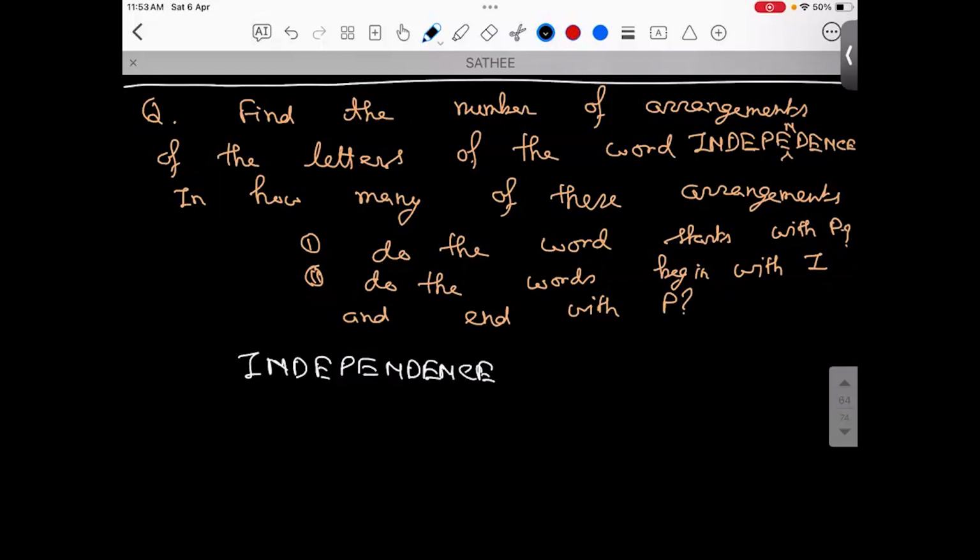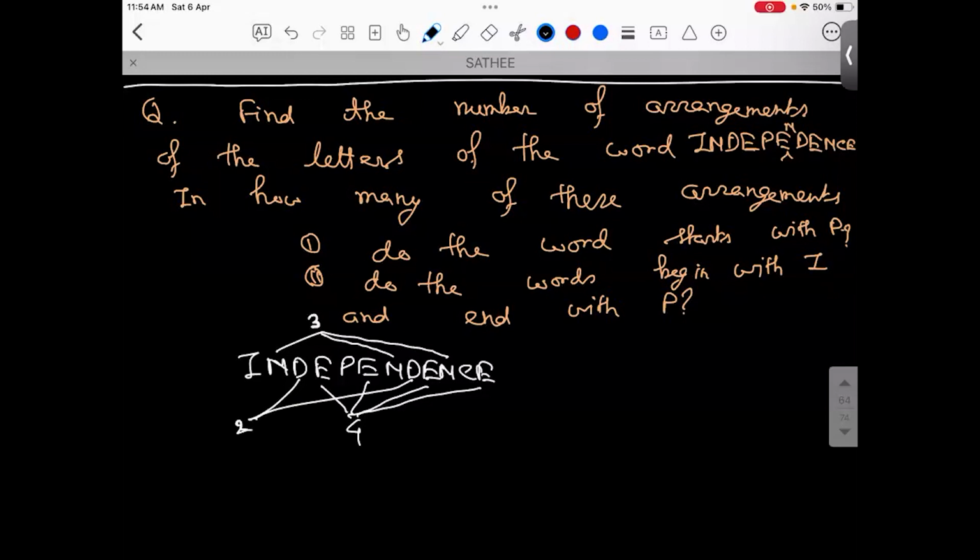Independence. Okay. Now in this word, you can see E comes 1, 2, 3, 4 times. N comes 1, 2, 3 times. And what comes twice? D. D comes 2 times. Fine.